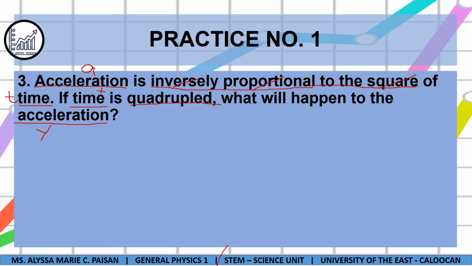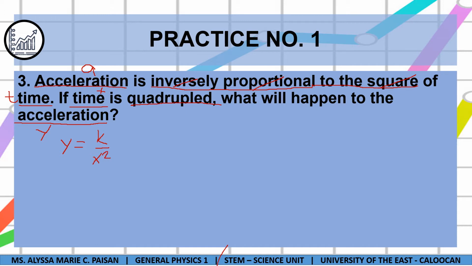And then let's recall the equation for inverse square proportion. Inverse square proportion is actually y is equal to k over x squared.